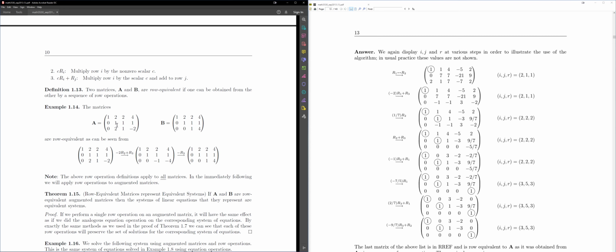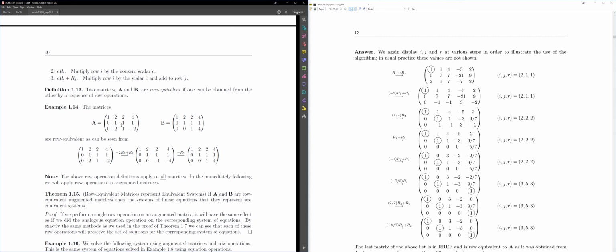In this case, if you multiply the second row over here by -2 and add it to this, then you will get this matrix here. Then when you multiply this third row by -1, you'll get this row over here. Notice those two row operations take you from this matrix to this matrix by an intermediate matrix in the middle.